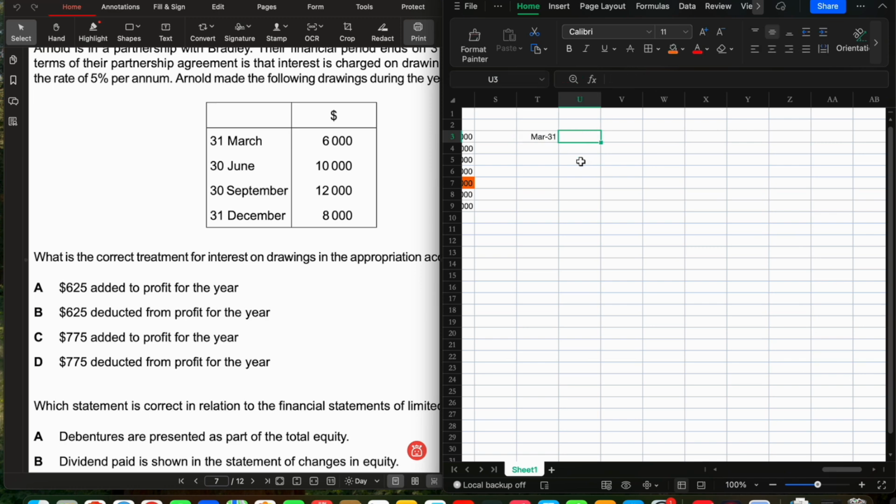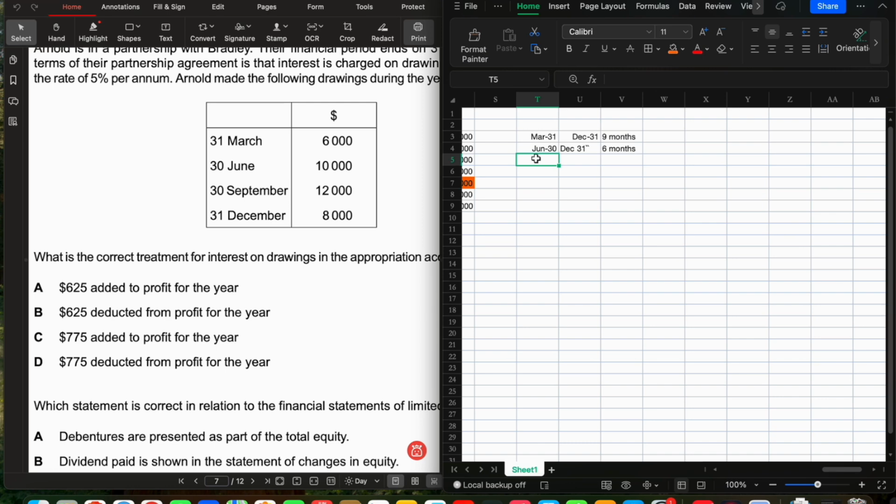From March 31st to December 31st we have 9 months. And then from 30th June to 31st December is 6 months.